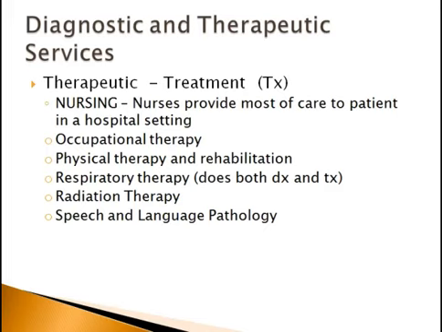Respiratory therapy does the respiratory exercises, breathing, oxygen. Again, they can also do diagnostic work. They have the blood gases and the pulmonary function test, but they also provide therapy as well. Radiation therapy, where most cancer patients get some type of radiation therapy, and then speech and language pathology for stroke patients. So these are therapeutics. They provide the treatment.